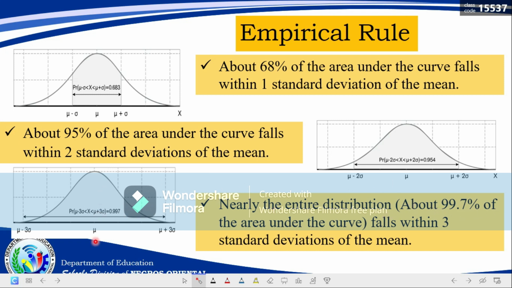So this is your mean, this is your mean plus 3 times the standard deviation, and here the mean minus 3 times the standard deviation. You will understand this further when we do some activities later.